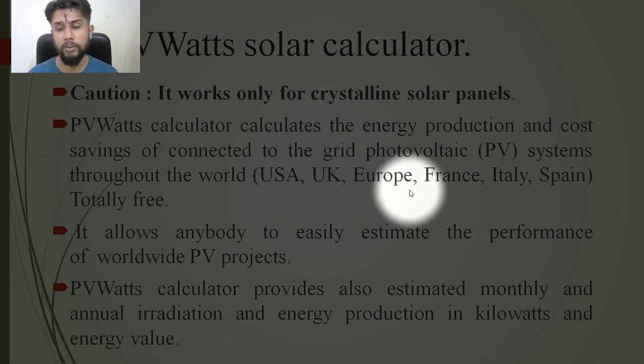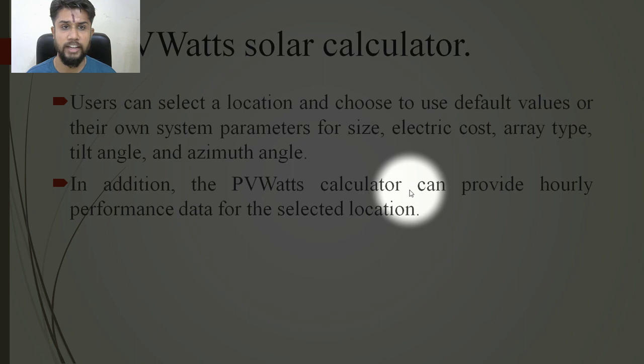The PVWatts calculator calculates the energy production and cost savings of grid-connected PV systems throughout the world. It is totally free. It allows anybody to easily estimate the performance of worldwide PV projects. It also provides estimated monthly and annual irradiance and energy production in kilowatt-hours and energy value.